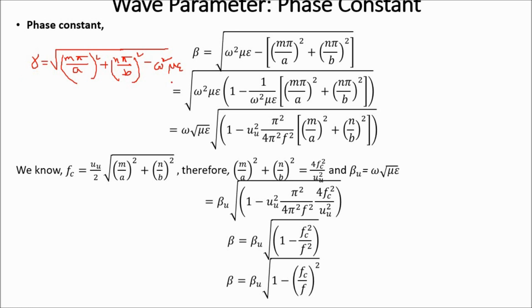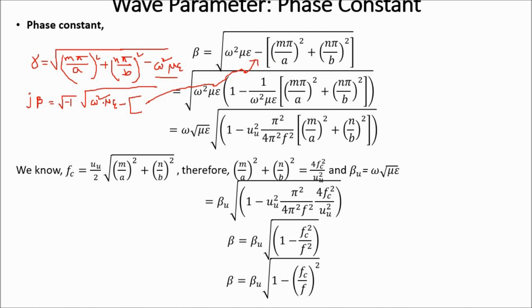But if we assume that this value is higher than this value, then we'll get beta. So if you write gamma equal to j beta, meaning that you have to take the negative sign out, then the entire part will be omega squared mu epsilon minus this.